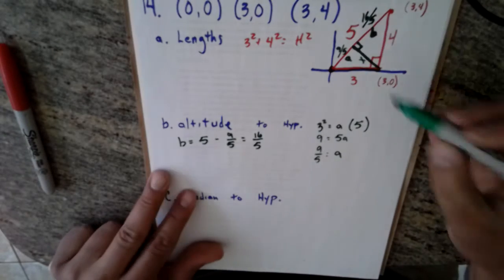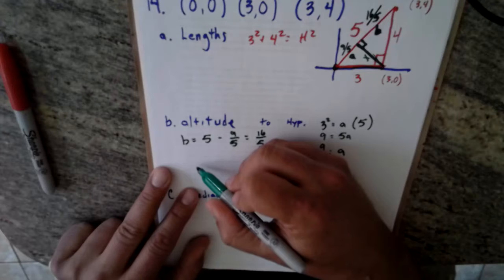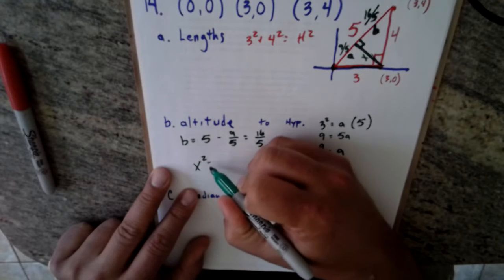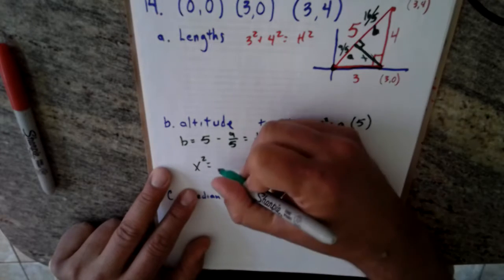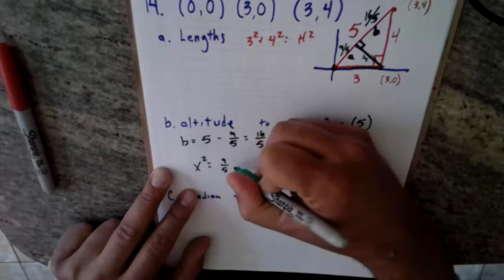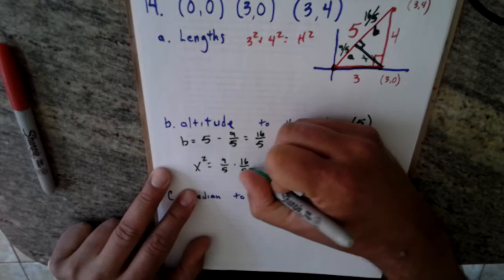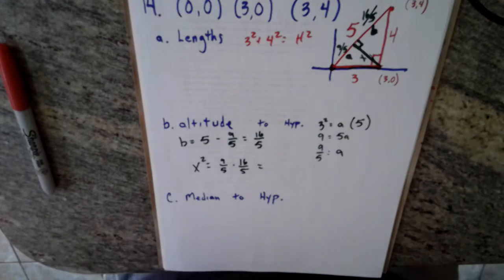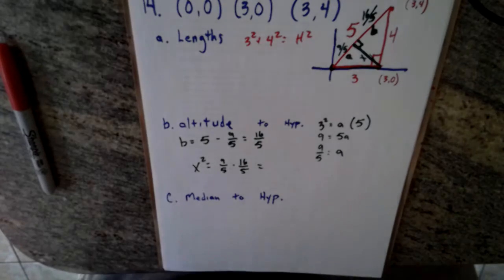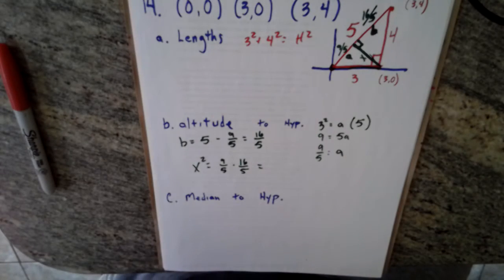So then to find x, altitude squared is part times part. So what's 9 times 16? Oh, isn't that nice?